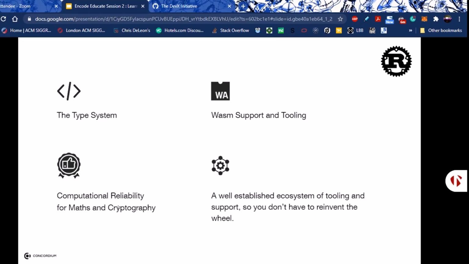Because through Rust's type system and the way that things have been developed, you just have that assurance, and you shouldn't have the same sort of issues with hacks that have happened on other blockchains because of what you have with Rust at compile time.